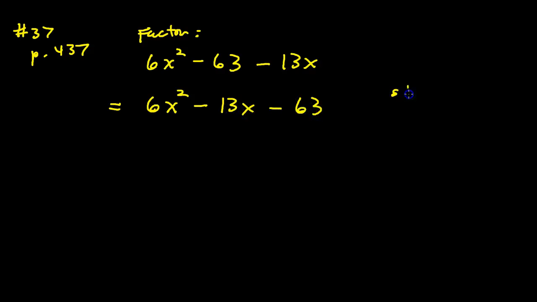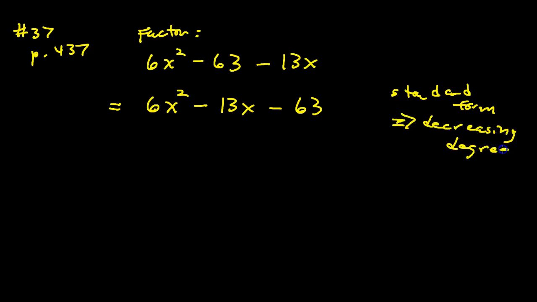Standard form of a polynomial expression is arranged with terms in decreasing degree. It's always, of course, easier to factor if terms are arranged in decreasing degree, and again, I mean left to right, okay? Let's try something here. Again, it's basically a trial and error process. I think I see something here.